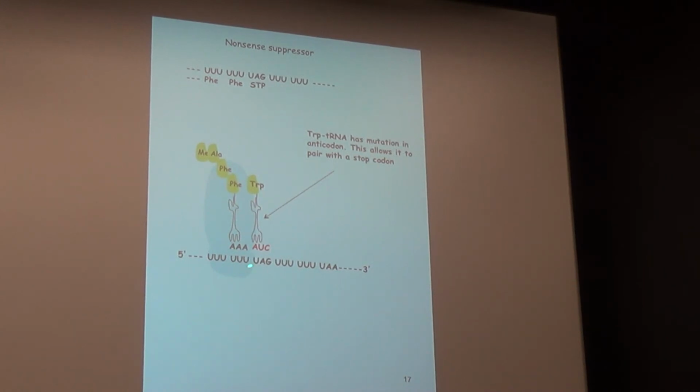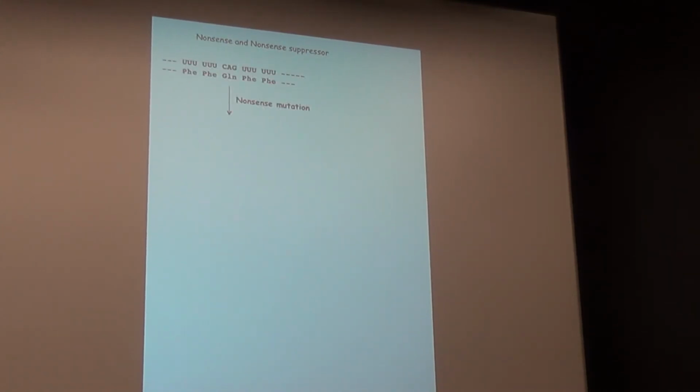This allows it to pair with this stop codon. And so now, the sequence will go phenylalanine, phenylalanine, tryptophan, phenylalanine, phenylalanine, and then it reads a UAA, which is a stop codon, and it will stop. Correct? Okay. So now you get a protein that is larger than the normal one that was synthesized.